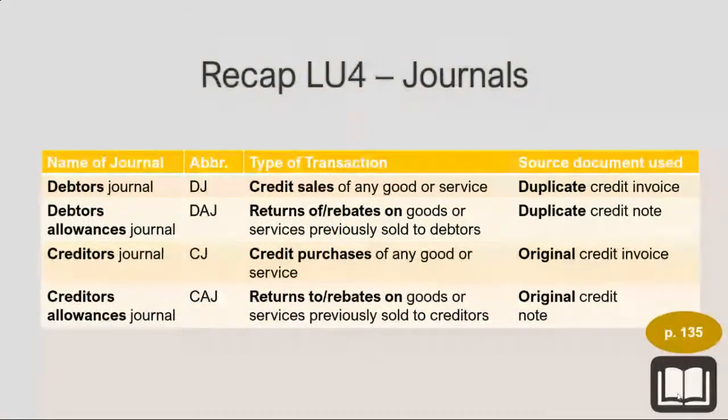Now, just to recap the journals, you'll remember there are 8 journals in our accounting system. Now, 3 of them are your cash journals, which relates to Learning Unit 4, which is your cash book receipts journal, your cash book payments, and your petty cash journals.